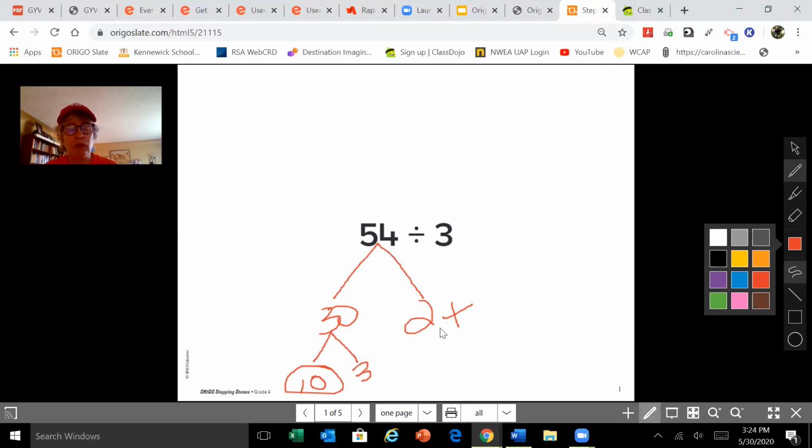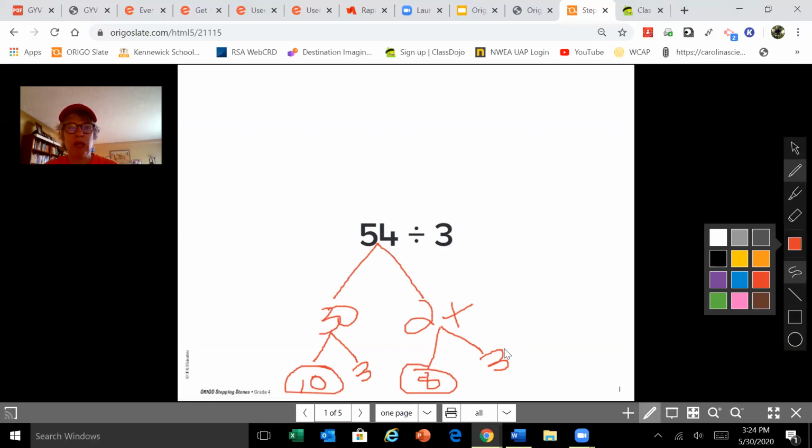And then if I get over to 24, I know that 3 times 8 equals 24. So I'm going to go like this. I'll go 8 on this side and 3 over here. And I'm going to circle both those numbers.